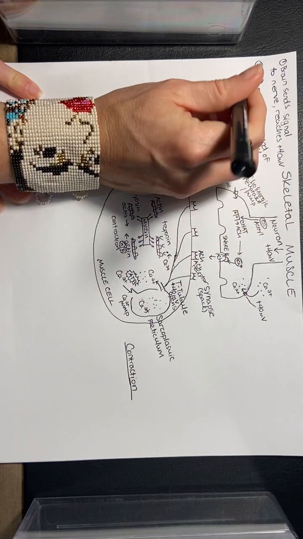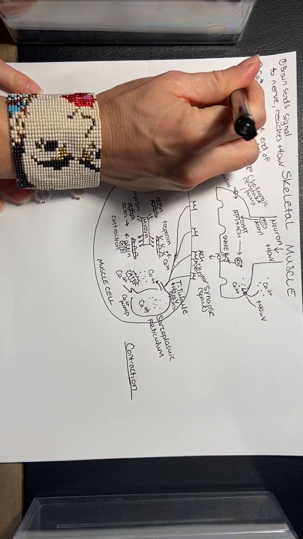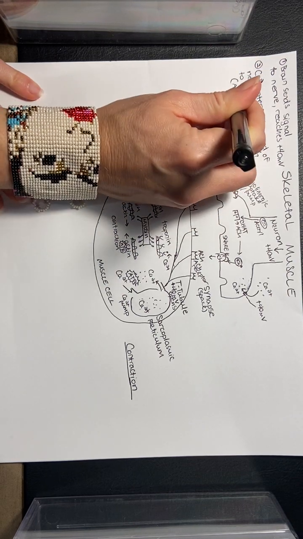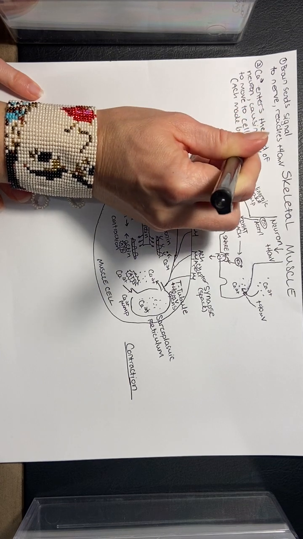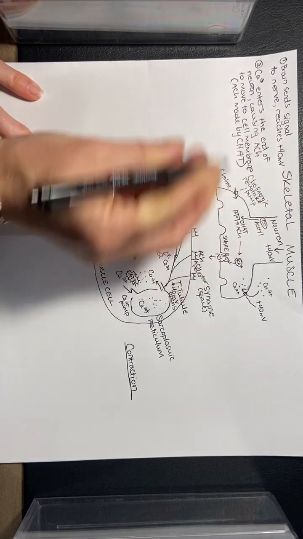And just to remember that the acetylcholine was made by ChAT in the neuron.